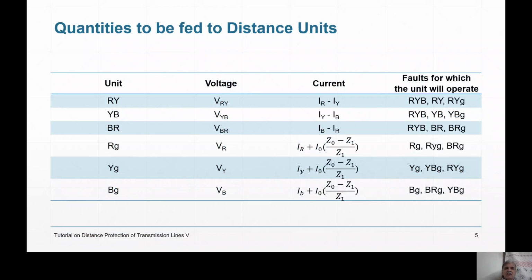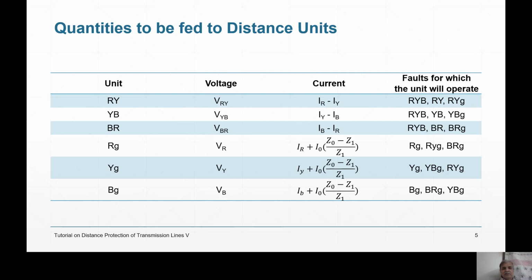So the quantities to be fed are these. An RY fault is cleared by the RY unit, a YB fault is cleared by the YB unit, and a BR fault is cleared by the BR unit. So this is the first difficulty: for 3 different line to line faults, 3 different units are there and 3 different quantities are to be fed.